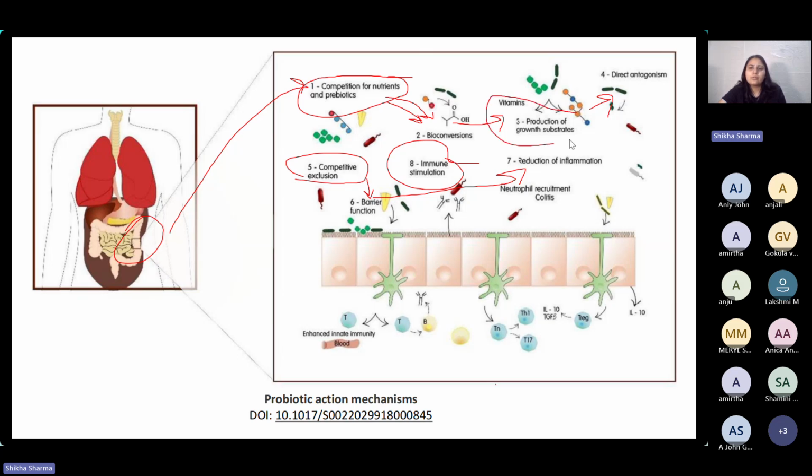Then they produce some vitamins, and they fight with the harmful bacteria or microorganisms so that they get the nutrients, and that's why they remove the harmful bacteria. Then they help further in reducing inflammation and stimulating the immune system.